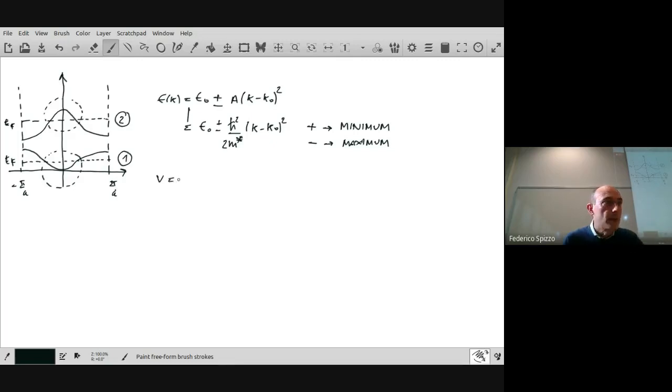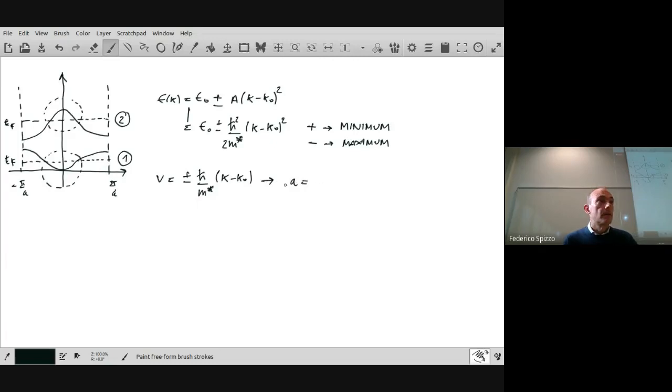So E0 disappears. We have plus or minus, depending on the sign. Then here, just h bar, due to the fact that I have 1 divided by h bar in the evaluation of the velocity. Then the two factor disappears due to the derivative of the parenthesis. And then I have k minus k0.